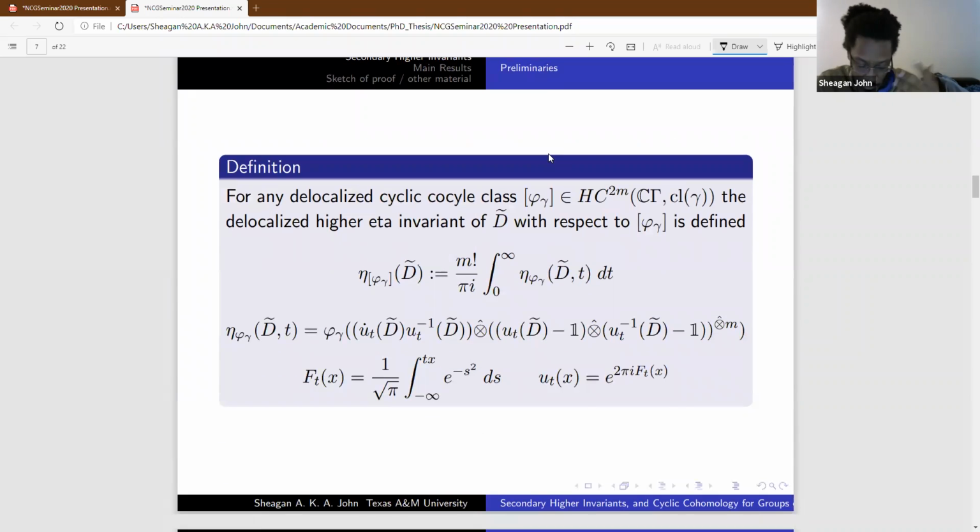In this case, we'll be considering odd dimensional manifolds, and so all my delocalized cyclic cocycle classes are going to belong to even dimensional cohomology groups. And there's an analog for the odd case, but it's going to be defined a little differently. So we'll define this delocalized higher eta invariant as this integral form.